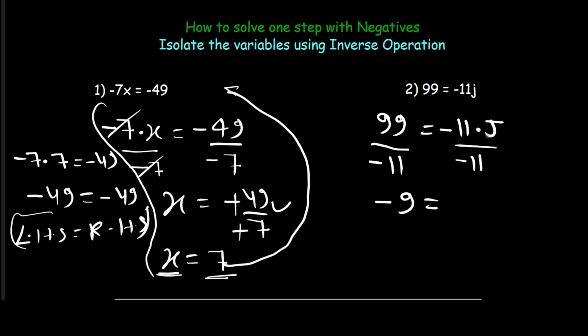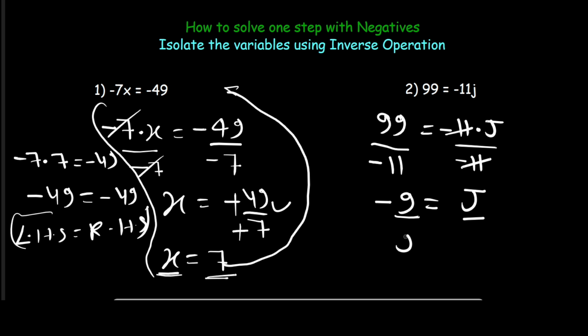If we look at the right side of the equation, it is being multiplied by minus 11 and divided by minus 11, so it will cancel out. So here j is isolated, the variable is isolated, which gives us minus 9.